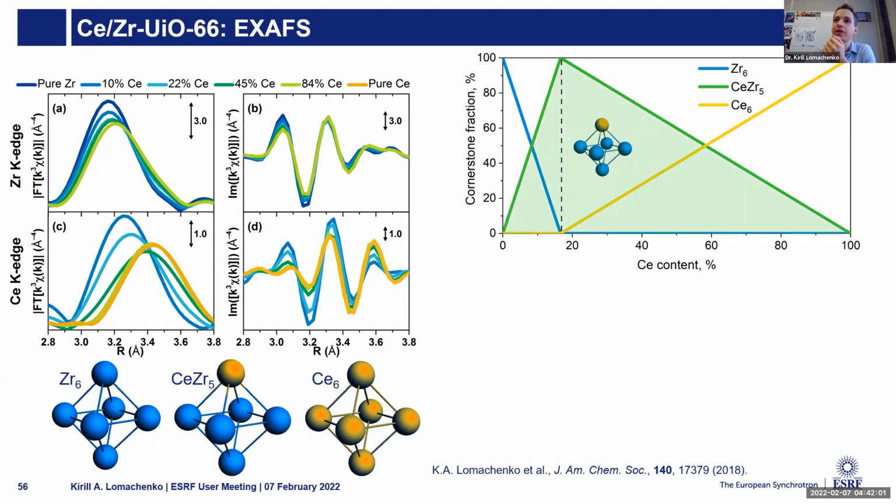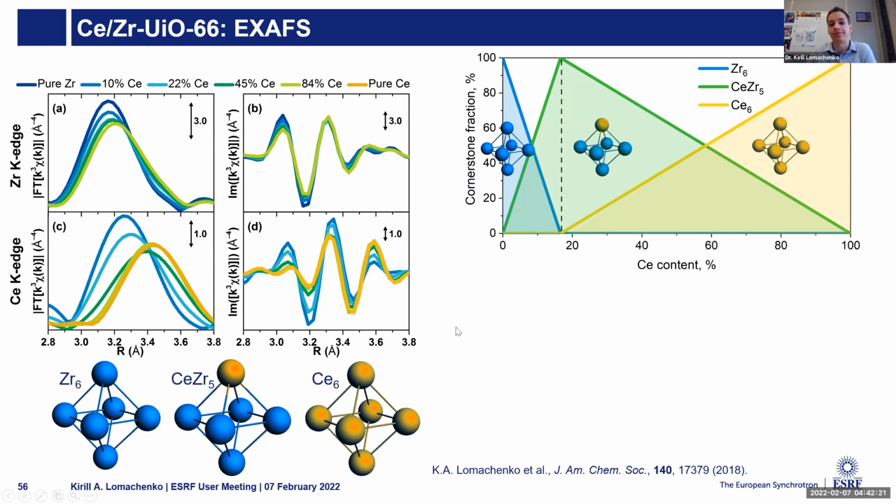And then, to respect the stoichiometry of the whole compound, the rest of the cerium or the rest of the zirconium can go into either pure zirconium cornerstones at lower cerium content or pure cerium cornerstones. So the concentration profiles are as follows.